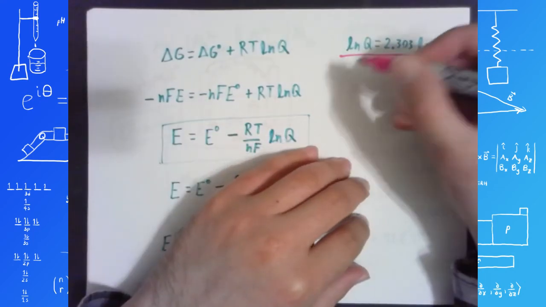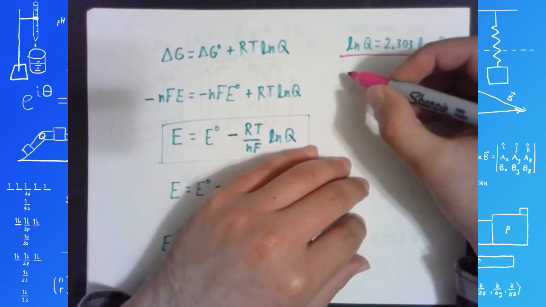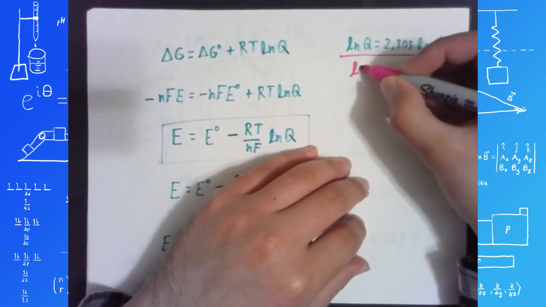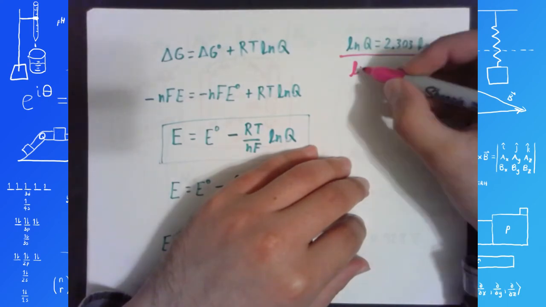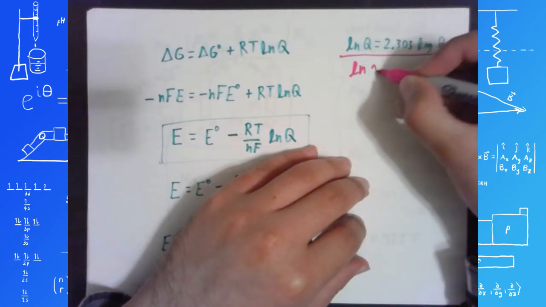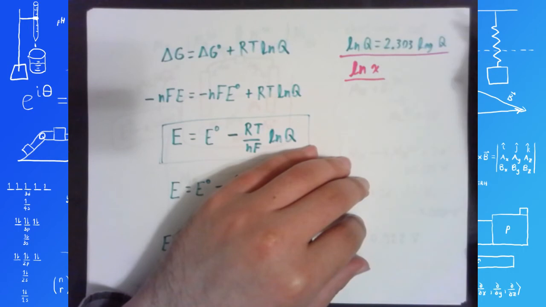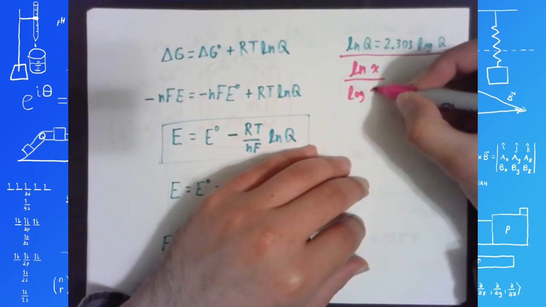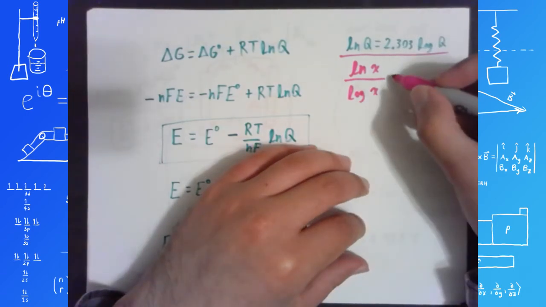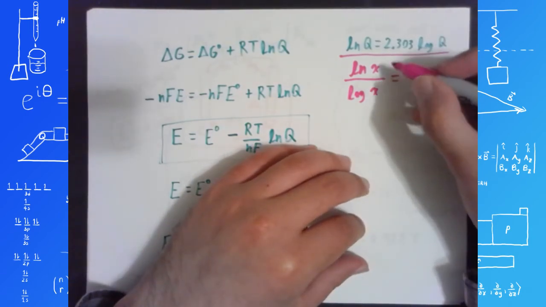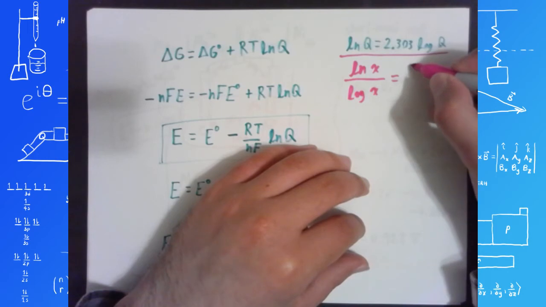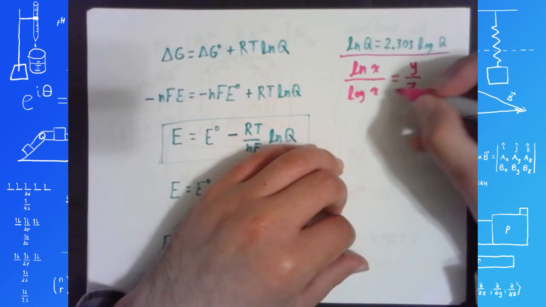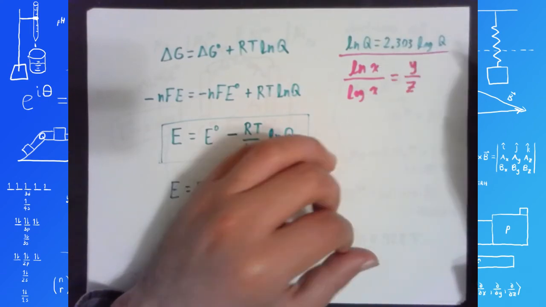So suppose that you wanted to find the relationship between ln of x over log of x. Let's say we define ln of x as being equal to y and log of x as being equal to z. So log of x equals z, ln of x equals y.